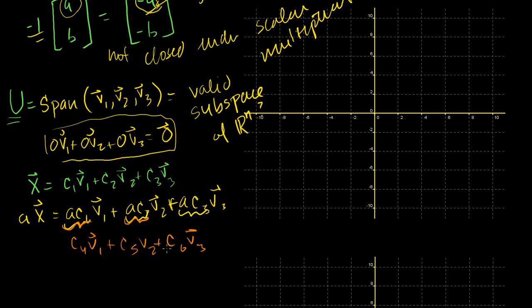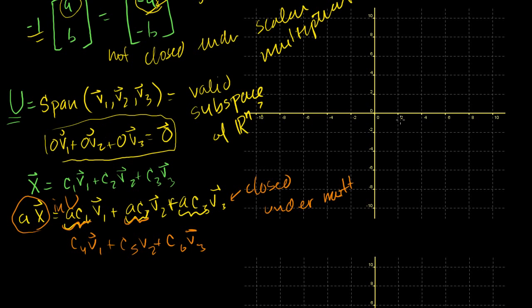This is clearly another linear combination of these 3 vectors. The span is the set of all linear combinations of these 3 vectors, so this is also in U, also in the span of those 3 vectors. So it is closed under multiplication.